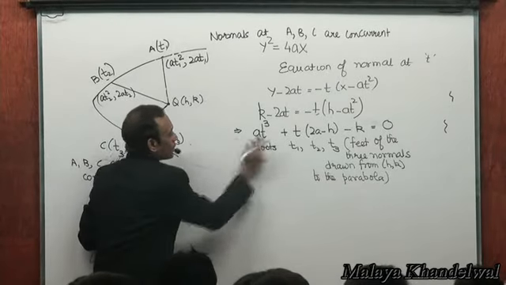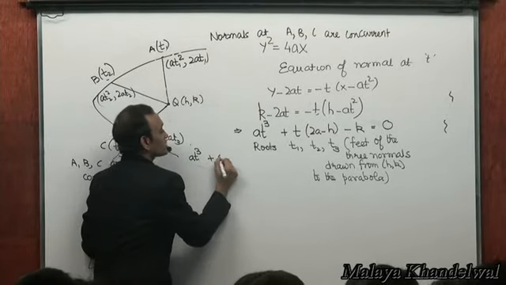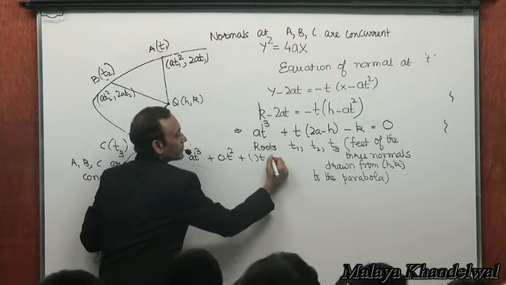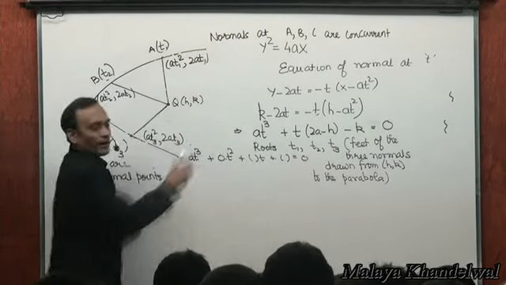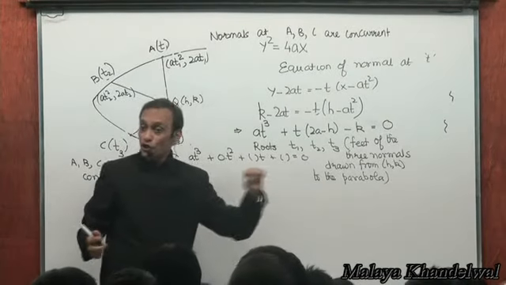Now, this is like a t cubed plus 0 into t squared plus something into t plus something equal to 0. Is this cubic, right? With roots t1, t2, t3.